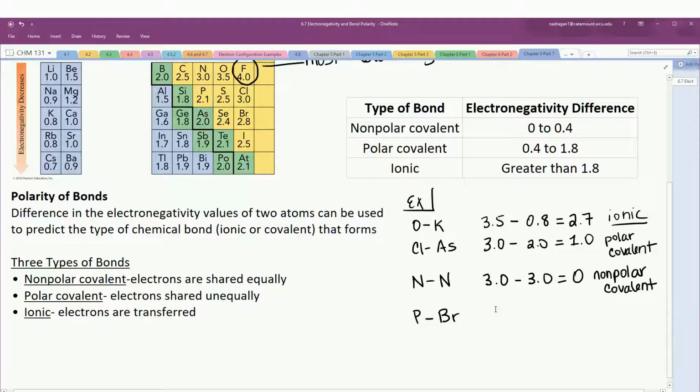Phosphorus has an electronegativity value of 2.1, and bromine has an electronegativity value of 2.8. So we're going to write bromine first in order to subtract 2.8 minus 2.1. You look at whichever one's higher, and that will allow you to subtract the two values. That gives us a difference of 0.7, which is between 0.4 and 1.8, so it's a polar covalent bond.